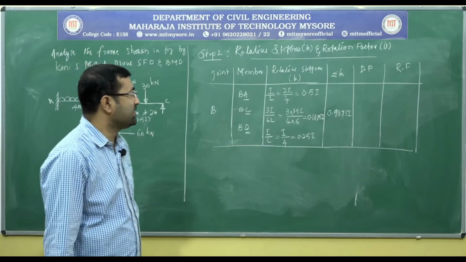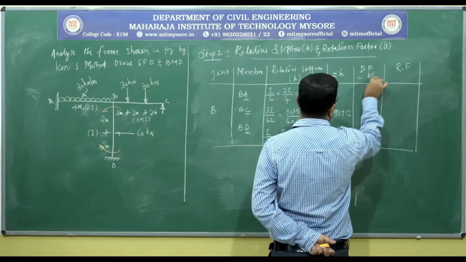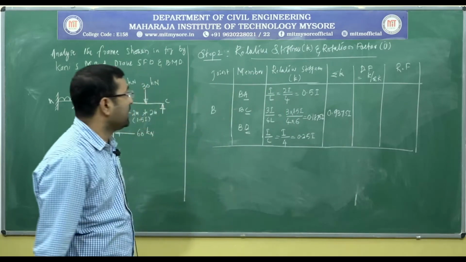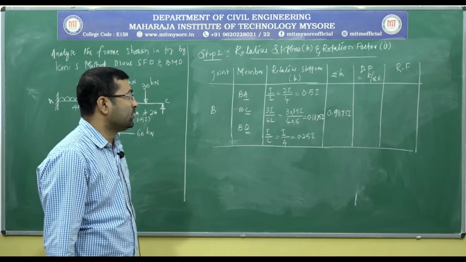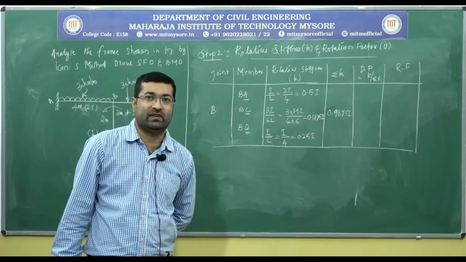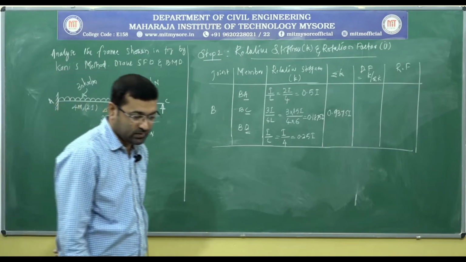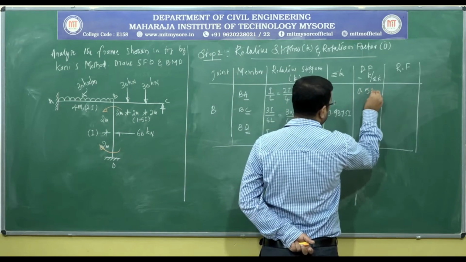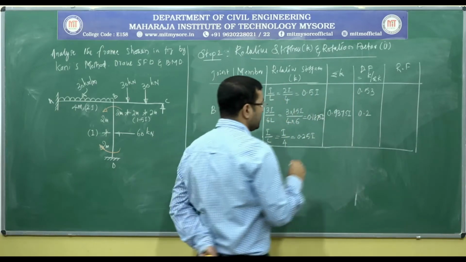So now we need to calculate the distribution factor. The distribution factor is equal to K by summation of K. The K for the BA member is 0.5 I, for the BC member it is 0.1875, and for the BD member it is 0.25 I. So K divided by total K, if you keep on doing that, you will get the distribution factors as 0.53, 0.2, and the last one is 0.27.